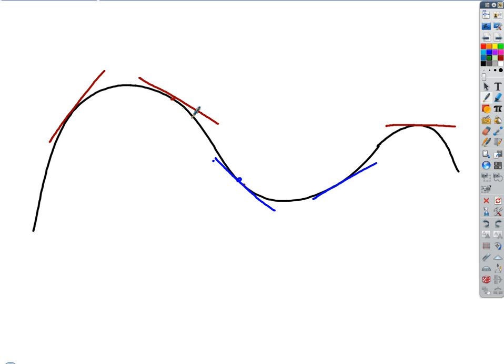Stop. Right about there. That looks like an inflection point, because that's where we're transitioning from negative concavity to positive concavity. It doesn't have to be a horizontal tangent line, does it?